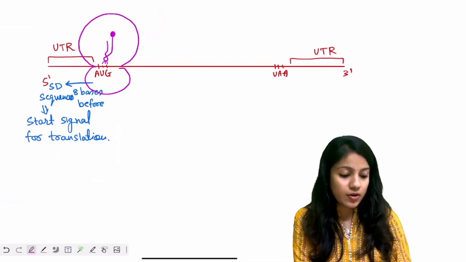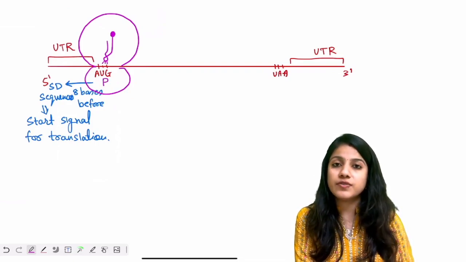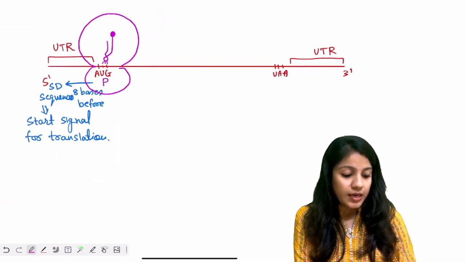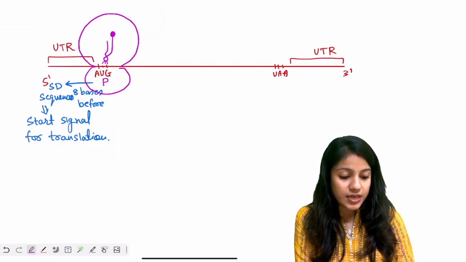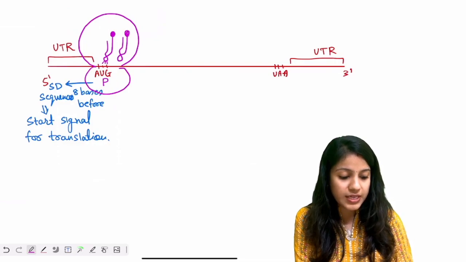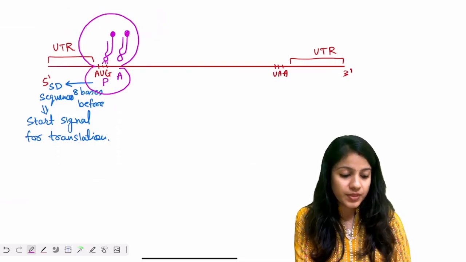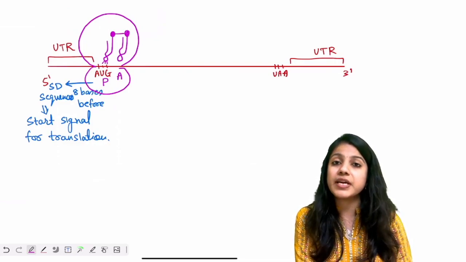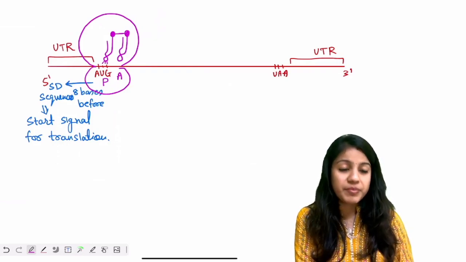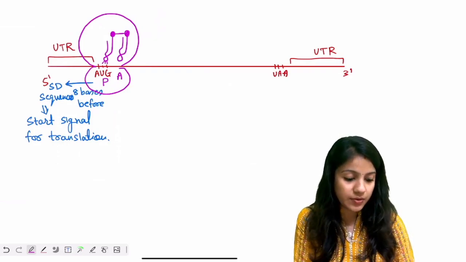First tRNA will always come on the P site of the ribosome. Next tRNA, whenever it comes, will always come on the A site of this ribosome, and there will be formation of peptide bond between the first and second amino acid.